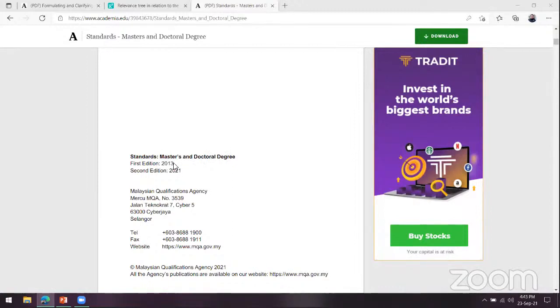The first edition was in 2013 and the second edition just this year. So that is the latest copy that we are able to obtain. We also have what we call the Malaysian Qualifications Agency that oversees, monitors, and controls the standards that all higher learning institutions offer for masters and doctorates to students who come and study in Malaysia.